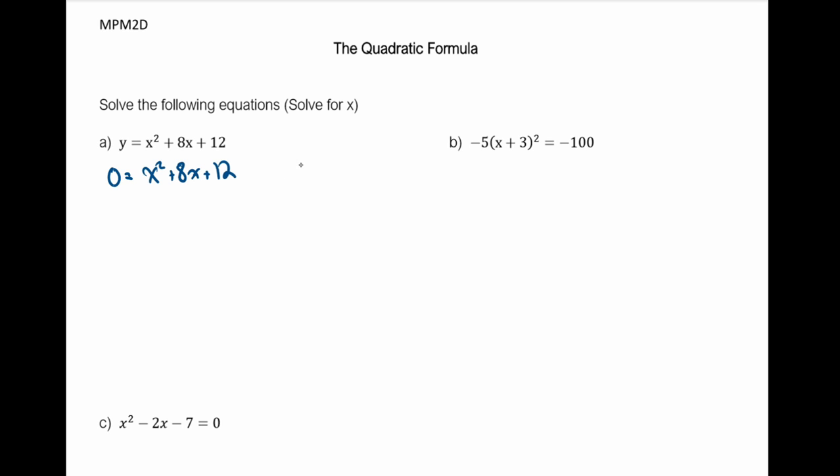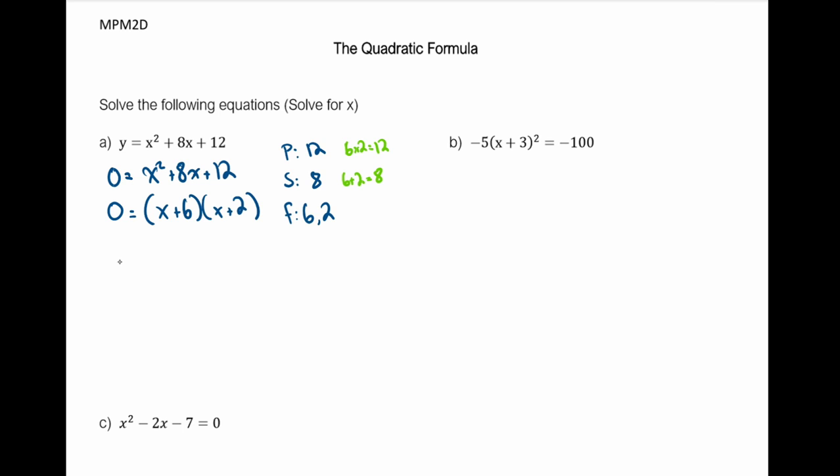So I need to factor this. This is a simple trinomial, product and sum. Two numbers that multiply to 12 and add to 8. So my two factors are 6 and 2, because 6 times 2 equals 12, and 6 plus 2 equals 8. So that means when I factor, I get (x + 6) and (x + 2).